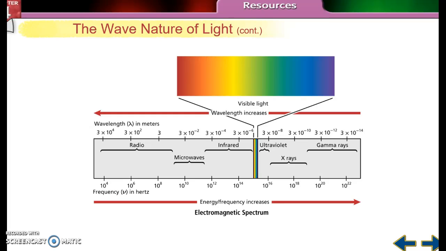So if you look at this right here, wavelength and frequency, remember that they are indirectly related. When one goes up, the other goes down. Radio waves have a really long wavelength, so they have a really low frequency. This is why radio waves, with their long wavelengths, can travel a really long distance.